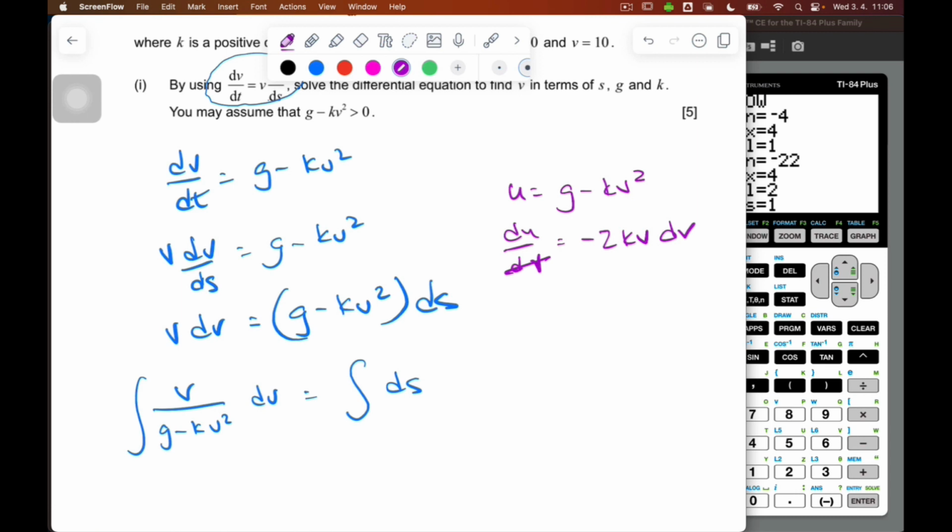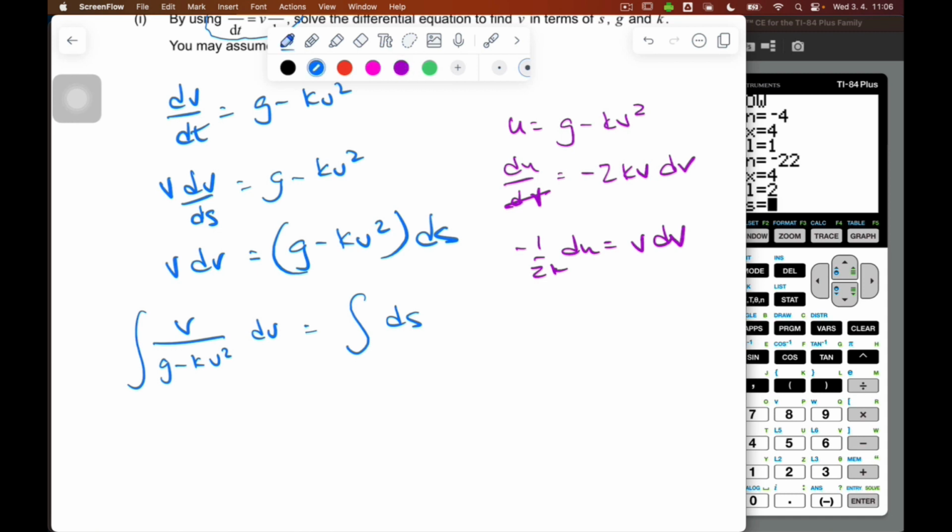I want v dv, so I'm going to divide by negative 2k: du over negative 2k is equal to v dv, and I can substitute this in here. And so when I do that, I end up with negative 1 over 2k times the integral of 1/u du, equals, on the right-hand side, just s plus c.